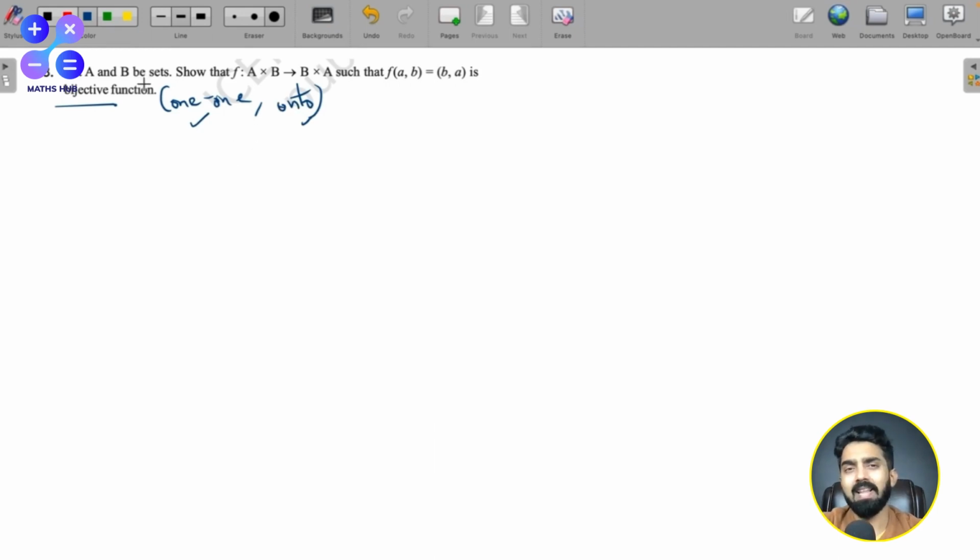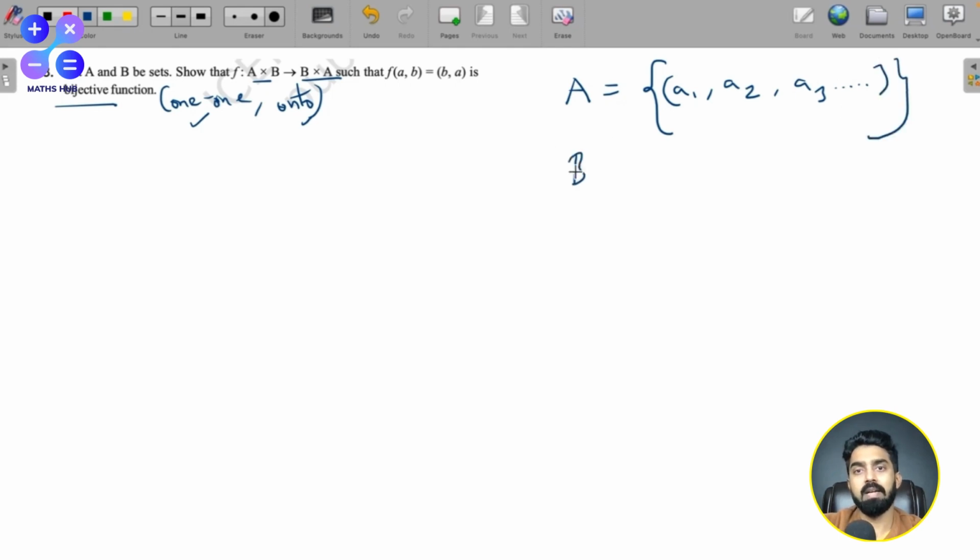Now, this is a slightly trickier question because we have not been given any real set, like irrational numbers or real numbers or integers. We've been given a more theoretical set, right? So let's first understand what this means. Let's take a set A which has elements like A1, A2, A3, and so on, and the set B, which has the elements B1, B2, B3, and so on, right?